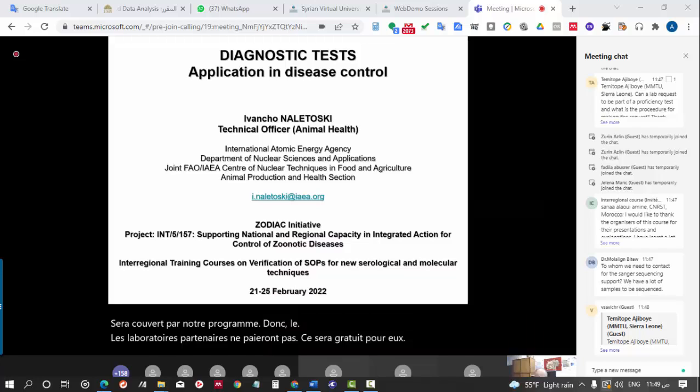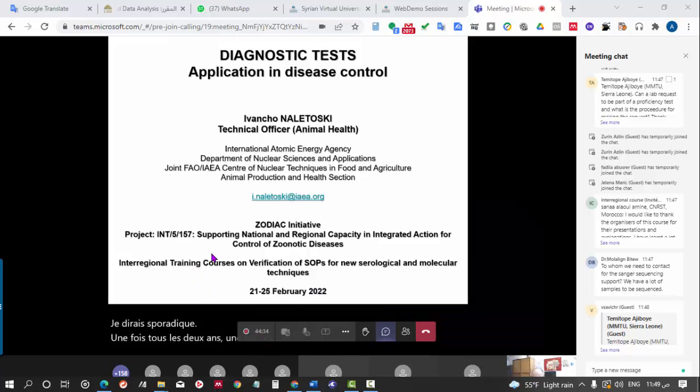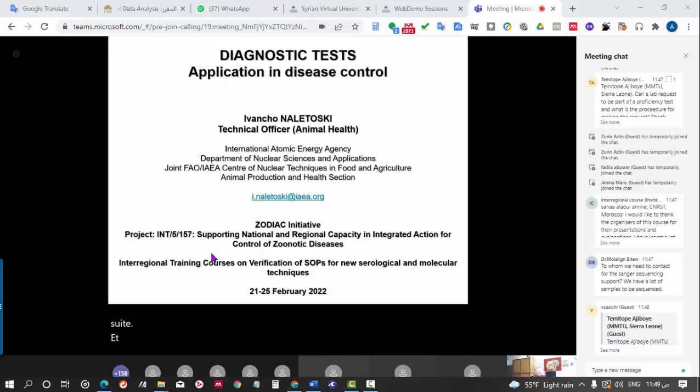A brief explanation. We were supplying laboratories in the past almost through every project, but the requests were, I would say, sporadic, once in 2 years, once in 3 years, once a year, and so on, and they were very fragmented.